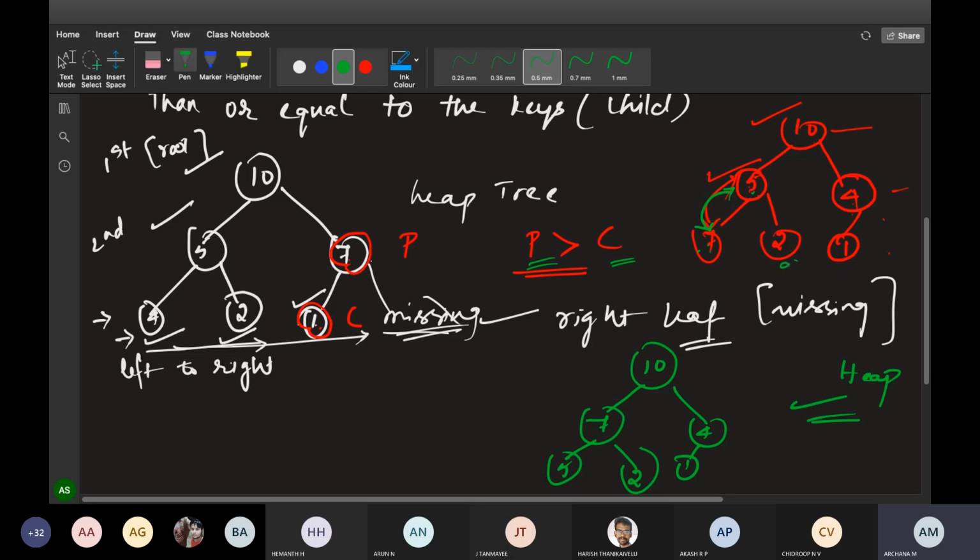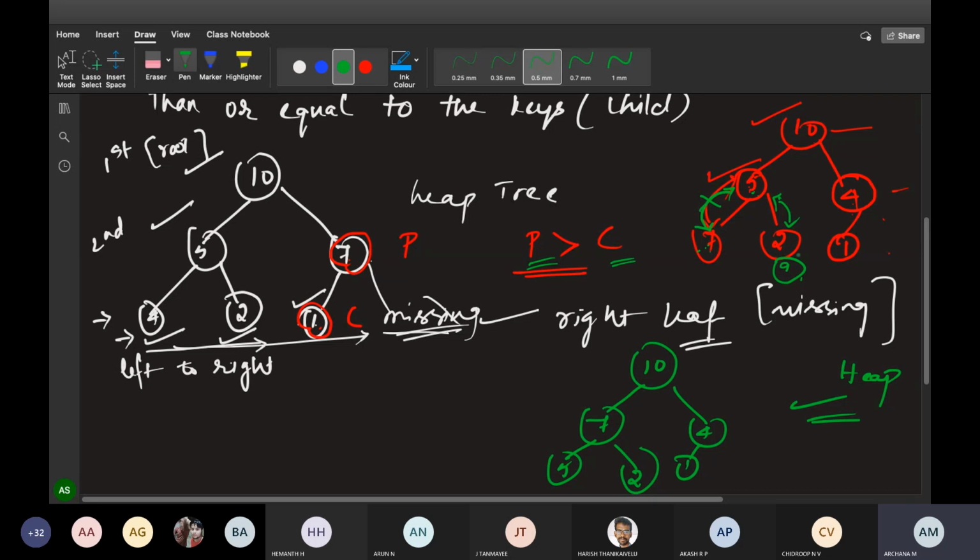For example, here if 9 is there, you have to see which one is larger and swap that with the parent. Now 2 was small, so I did not do it. If 9 is there, compare 7 and 9, which one is larger, then swap the parent with that number. 7 is lesser than 9, so I am swapping that with 9.